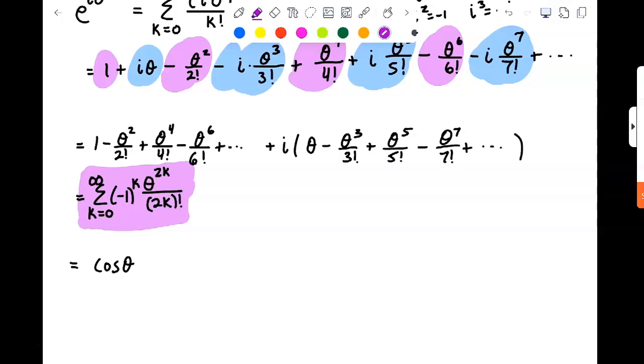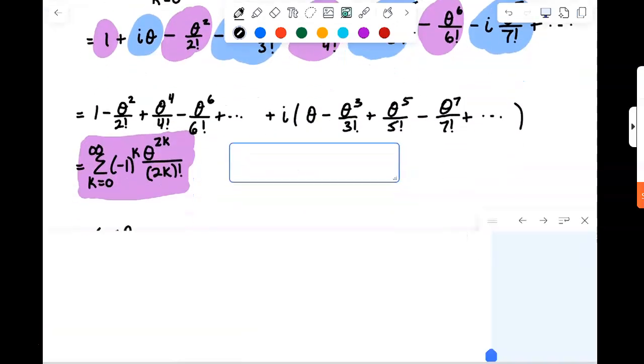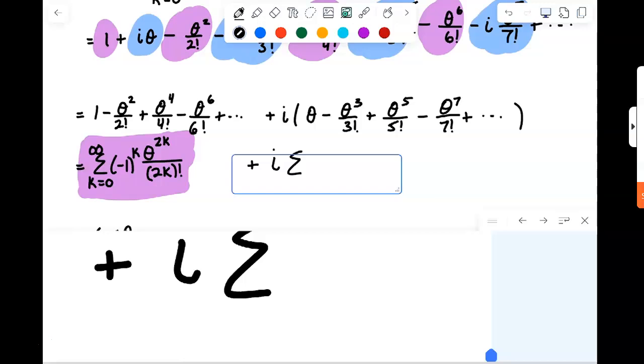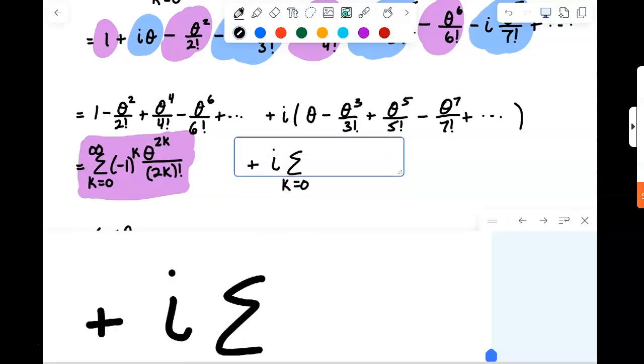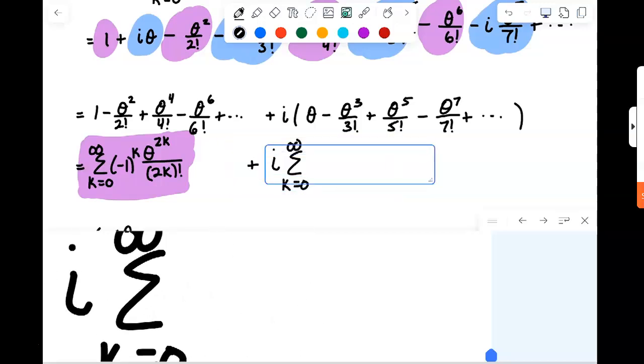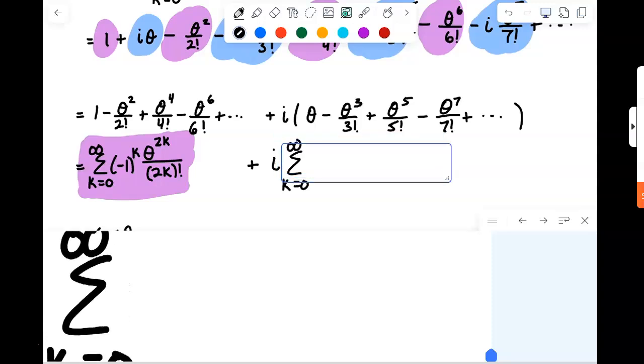What about this other stuff? Well, we could also collect all of those and realize we have theta, and once again we have alternating signs. We have the i sticking out front. So we'd have the series as k goes from 0 to infinity, with alternating signs again, so minus 1 to the k.